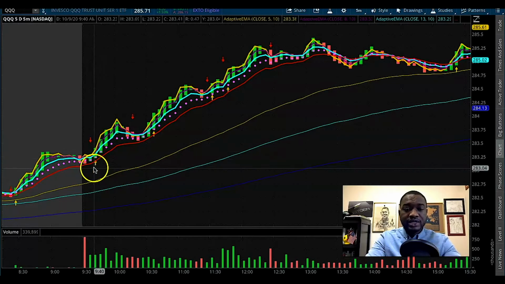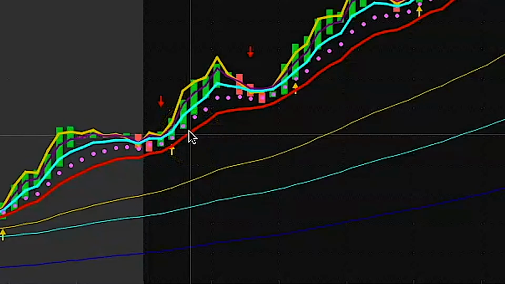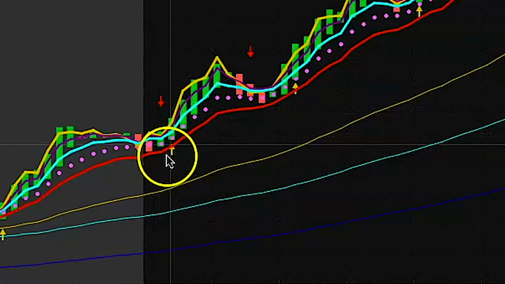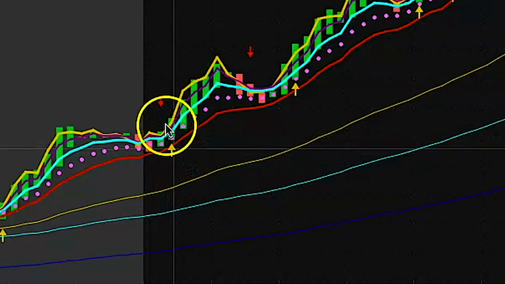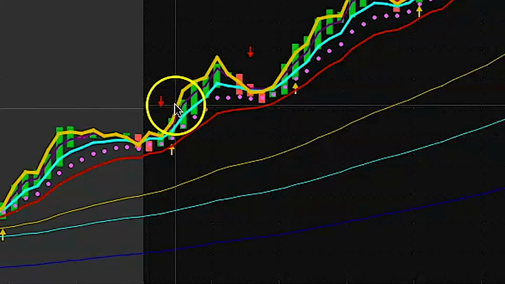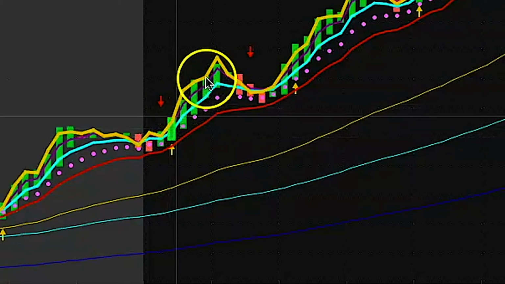The basic understanding of how to use this is when price is above the 10 and price is above the 15 moving average, and you can see the signal, this MACD crossover. Once that happens, you see the signal and the yellow EMA is above it, then you can take a trade.